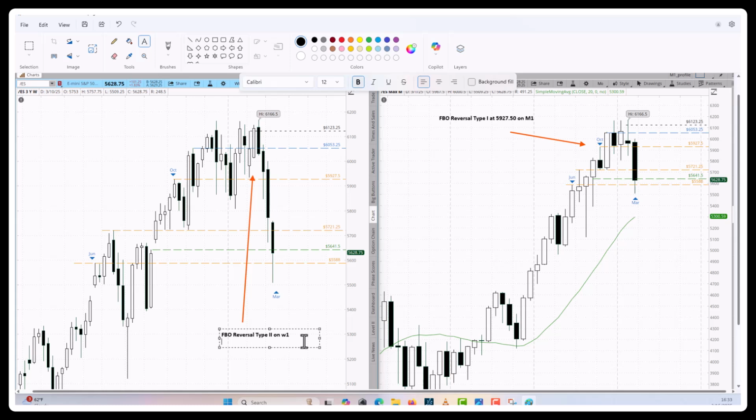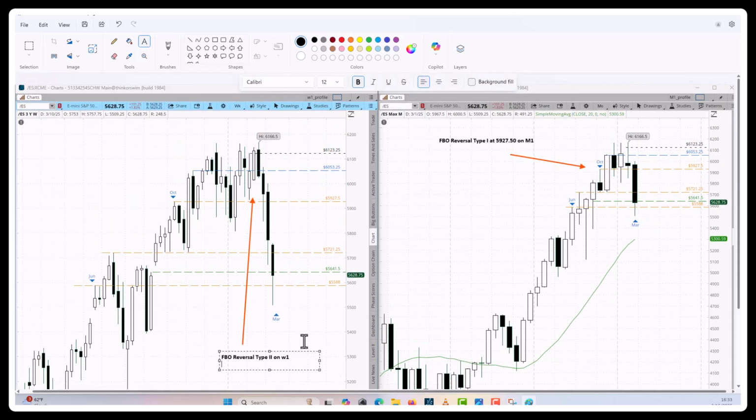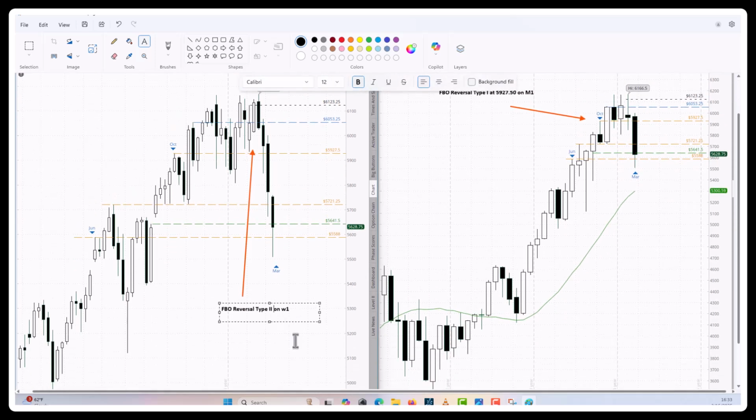Let's say that we have to put down the level right here, which is 60, 53, 25, and put a note right here.